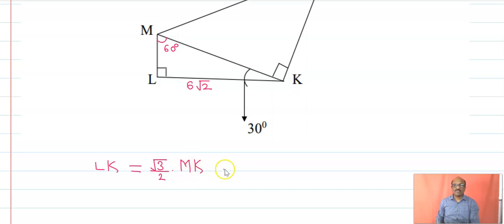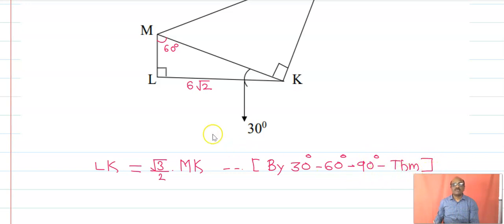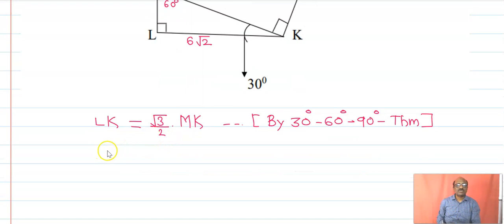Okay, that is given by 30 degree, 60 degree and 90 degree theorem. That is side opposite to angle 60 degree is a root 3 by 2 times the hypotenuse. Now here LK is a 6 root 2. LK आपण किती दिला? 6 root 2.